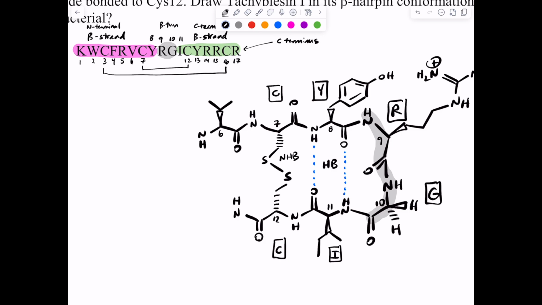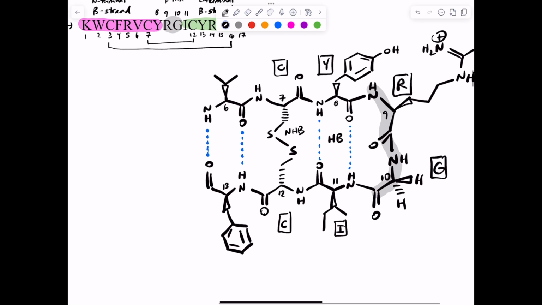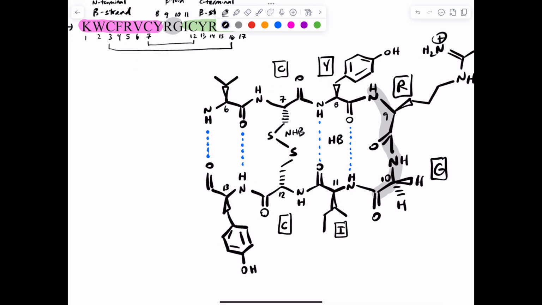The NH of tyrosine 13 should be hydrogen bound to the CO of valine 6. And then the CO of tyrosine 13 should be hydrogen bound to the NH of valine 6. The tyrosine side chain should be a wedge, and then you can draw its structure here.